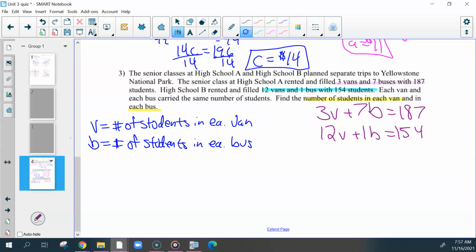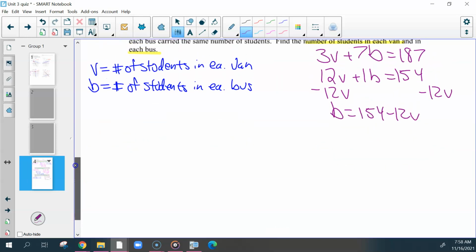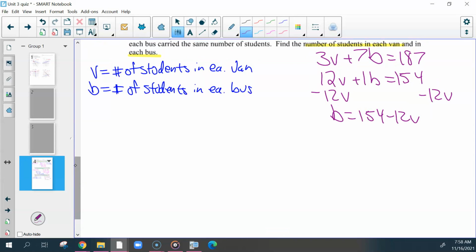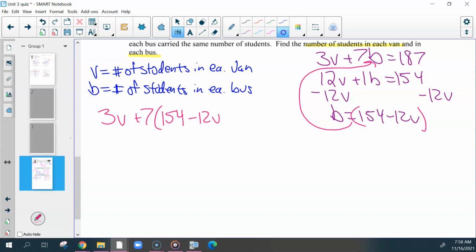Because of this 1B, I could easily rearrange this to subtract 12V to the other side to get B equals 154 minus 12V. Once we have that equation, we can take it, put it in the other one. So that would become 3V plus 7 times 154 minus 12V.